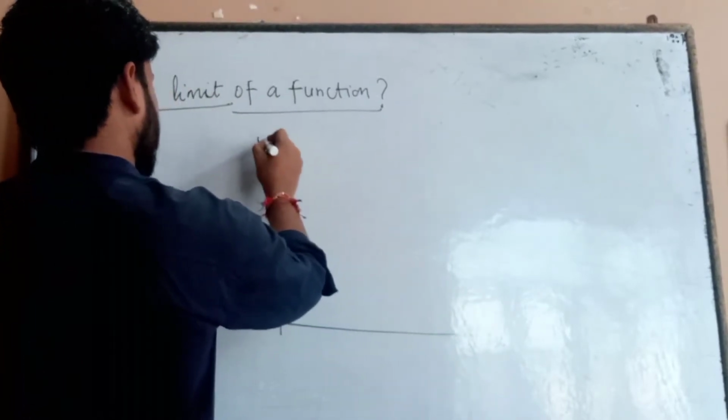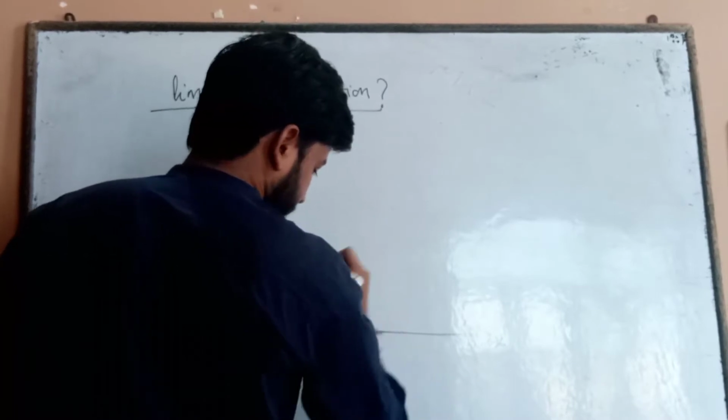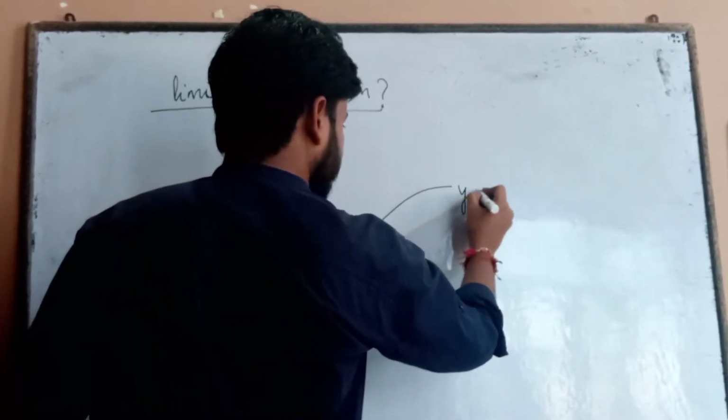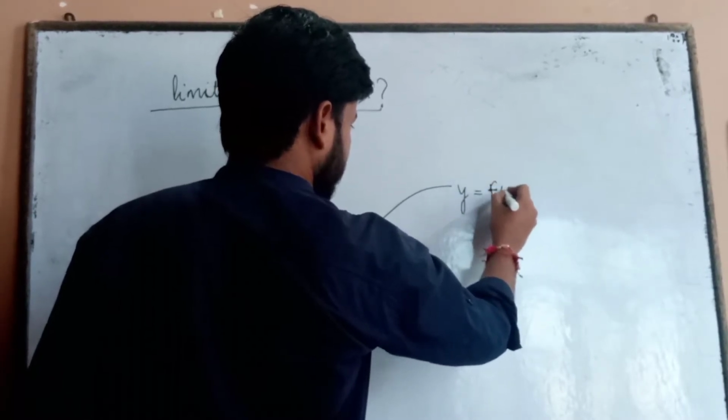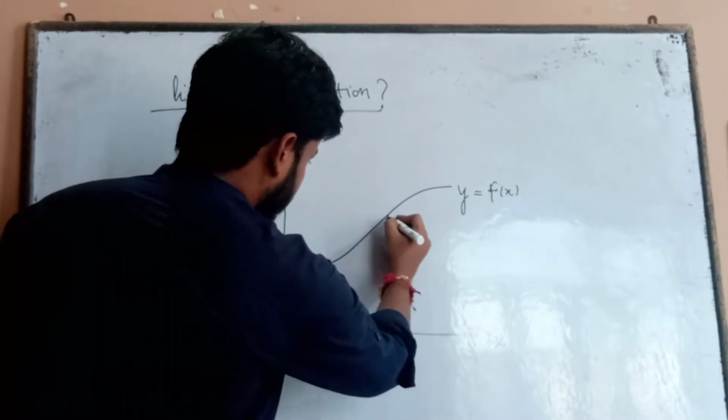X-axis, y-axis. Now we take an example like this. This is a given graph, y is equal to f of x. And we have to check the value at x equal to a.